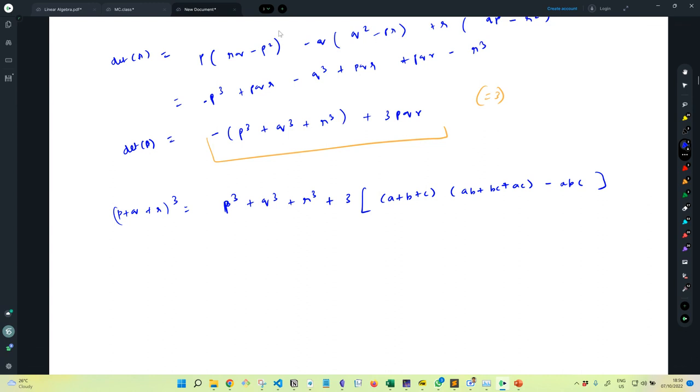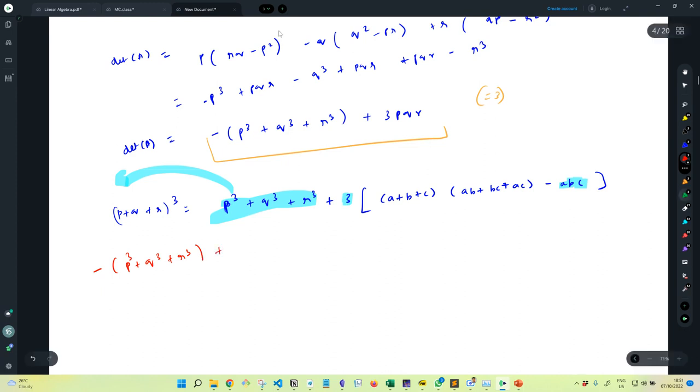Now, let me take the term P plus Q plus R the whole cube and ABC to the left hand side. Once I take this term to the left hand side, I'll get minus of P cube plus Q cube plus R cube. Here A is P, B is Q and C is R. So this will be PQ, QR, PR, PQR.